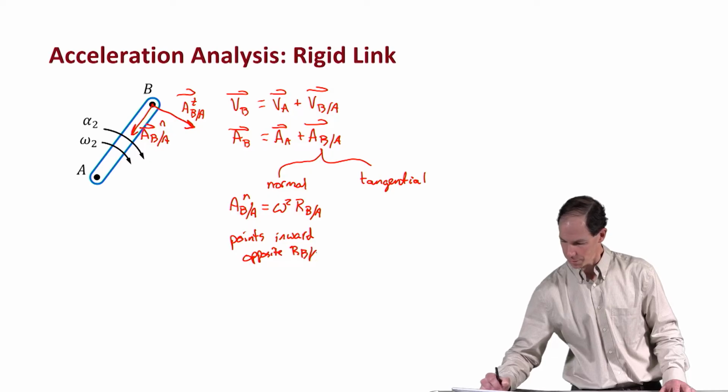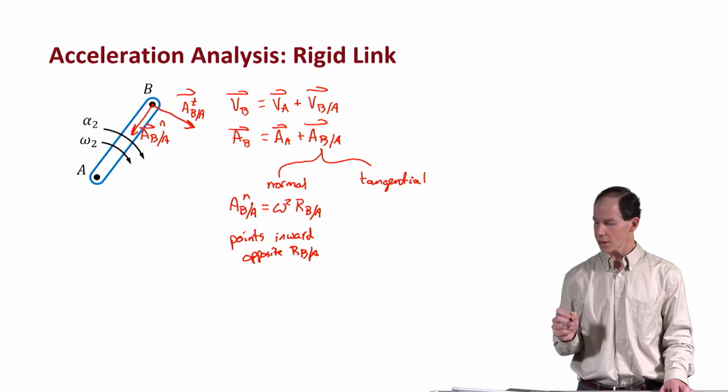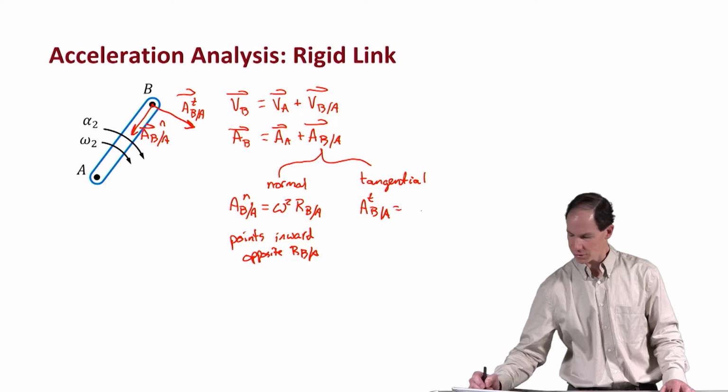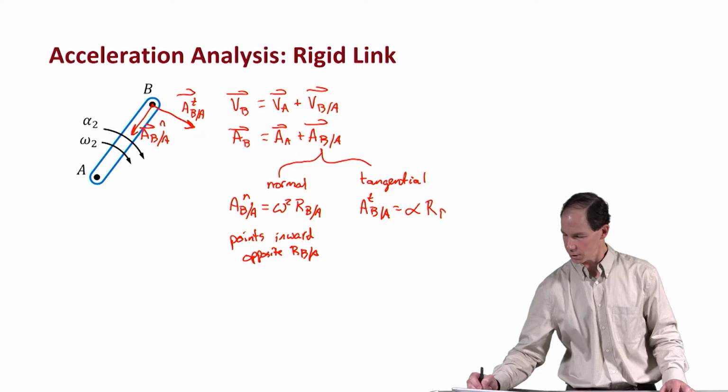And then the second component, our tangential component, the acceleration of B with respect to A tangential, is equal to the angular acceleration alpha times the radius vector R_BA.